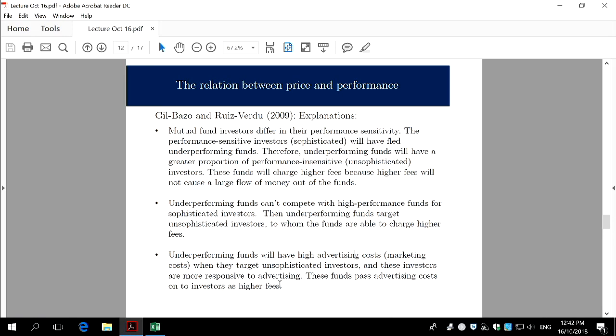They are more likely to be attracted by advertising. Then if you are a bad fund, you can spend a lot of money on advertising, and still attract those unsophisticated investors. And of course, those marketing charges will be passed to the investors as higher fees.